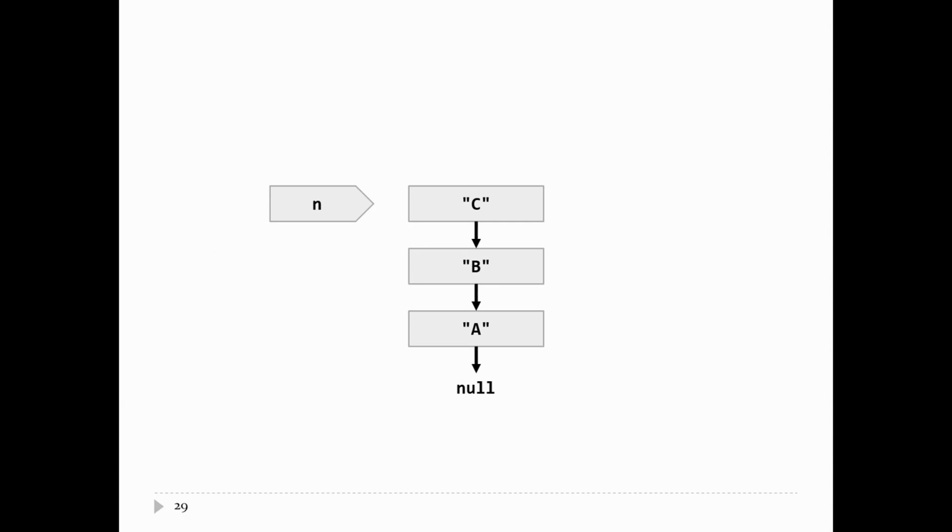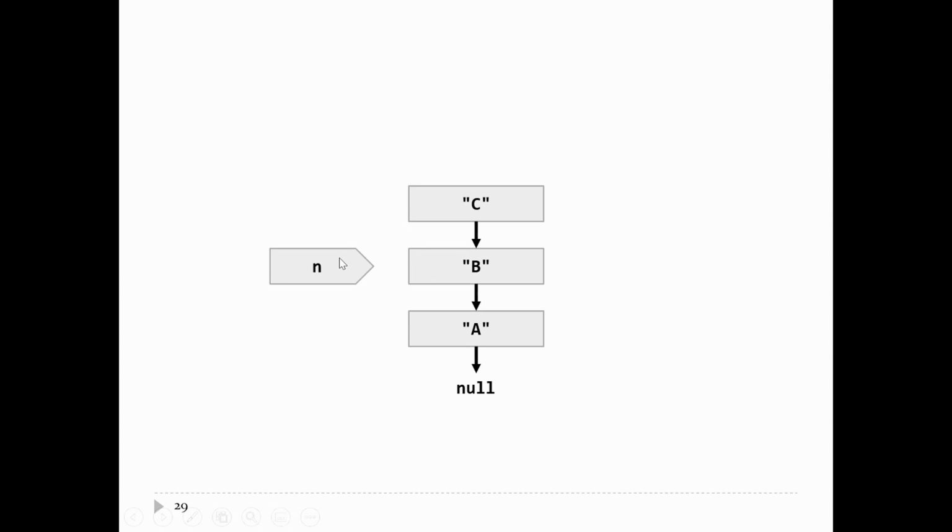Okay, so what is toString? So this is what iterating looks like. I'm going to start with n pointing at the top node. When I'm done with the first element, I'm going to follow that next link, so that moves me to the next node. I'm going to do something with this element, and then I'm going to write n equals n.next.